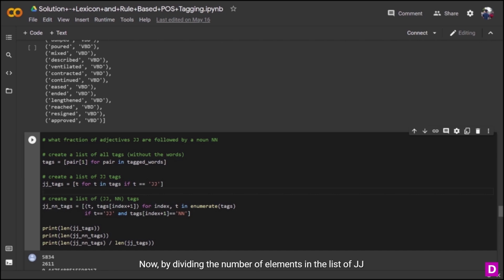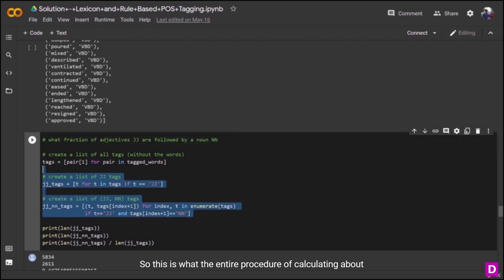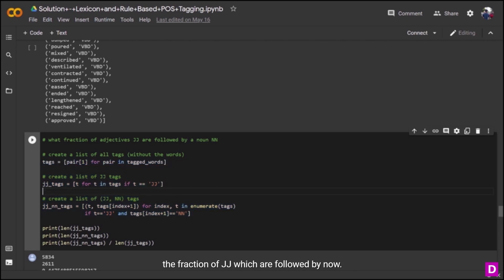Now dividing the number of elements in the list of jj_nn by the number of elements in the adjective tags will give us the fraction of adjectives that are actually followed by nouns. This is the entire procedure of calculating the fraction of JJ which are followed by nouns.